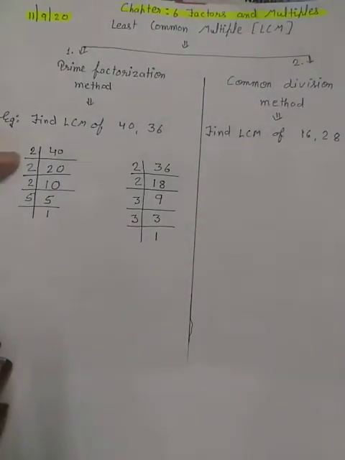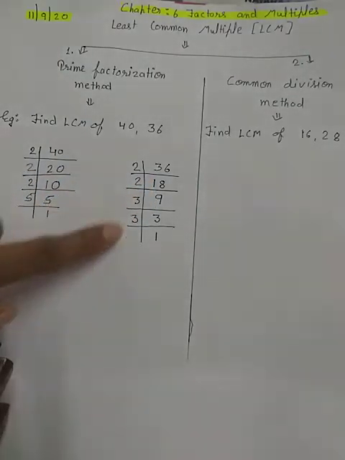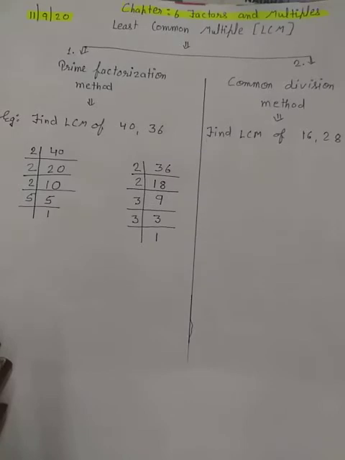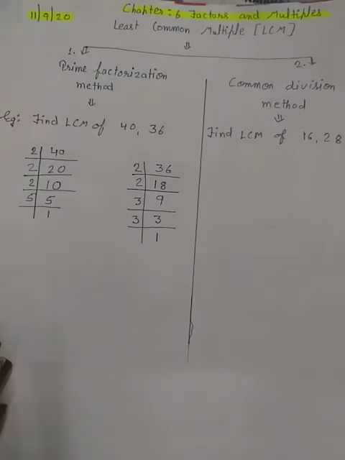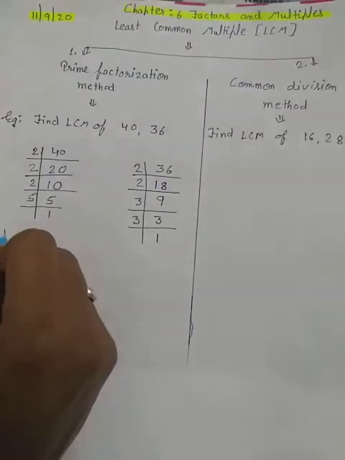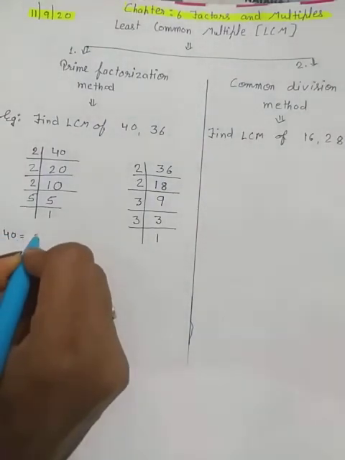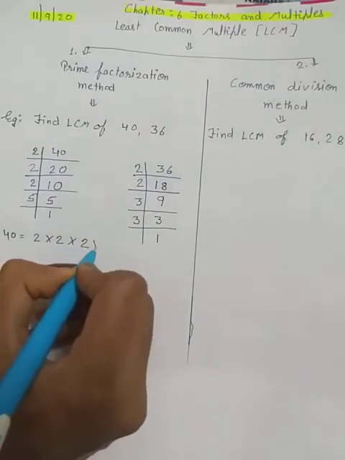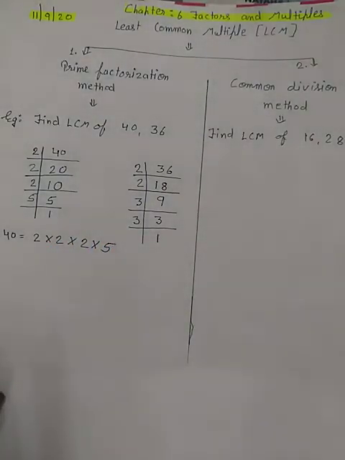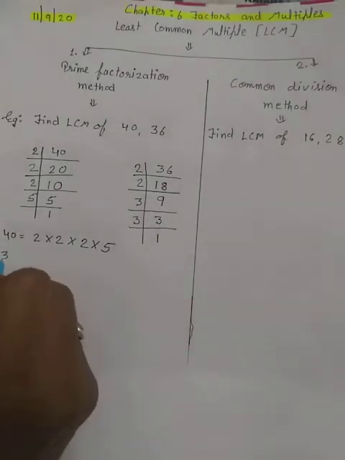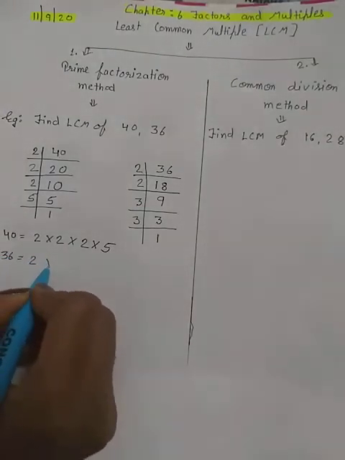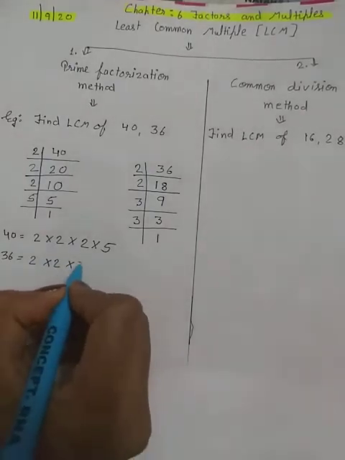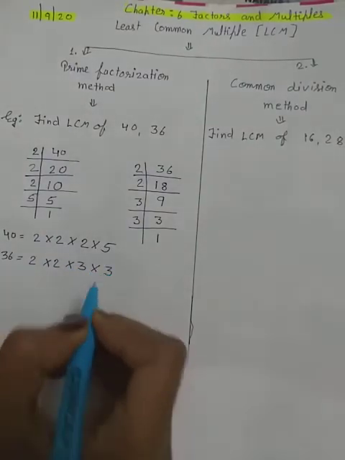So these are the factors of 40 and these are the factors of 36. Factors of 40: 2 multiply 2 multiply 2 multiply 5. Factors of 36: 2 multiply 2 multiply 3 multiply 3.